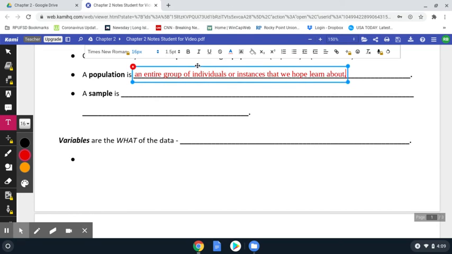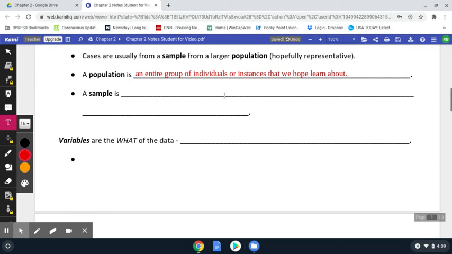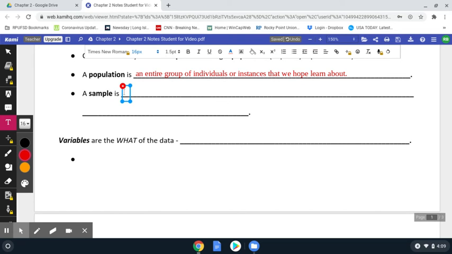So there's our population. So when we're done, we want to have enough information, enough data that we have now learned something new about the population. So the sample is sort of our mechanism, taking a sample to get us to that sort of conclusion, those kinds of information that we want about our population.